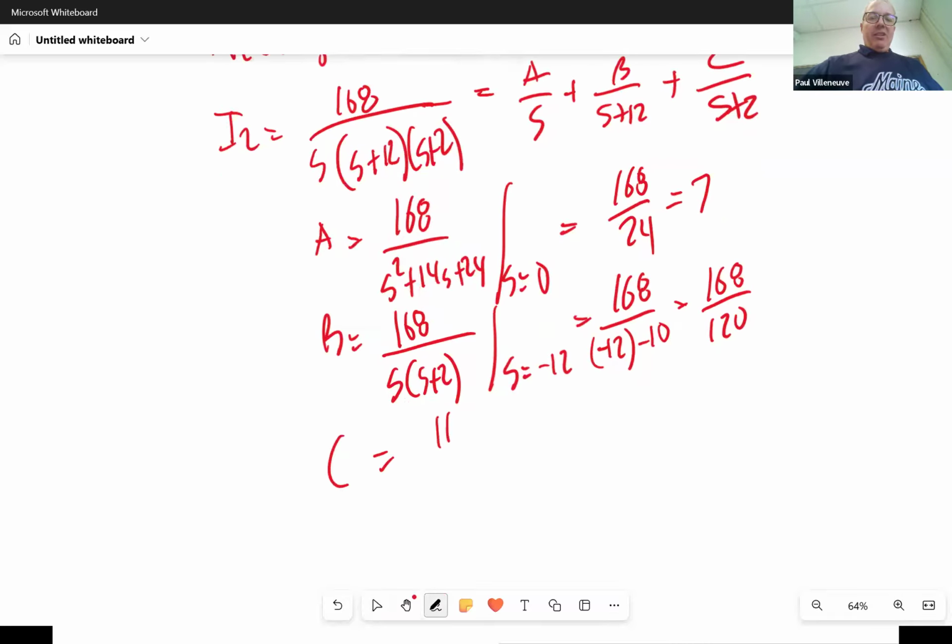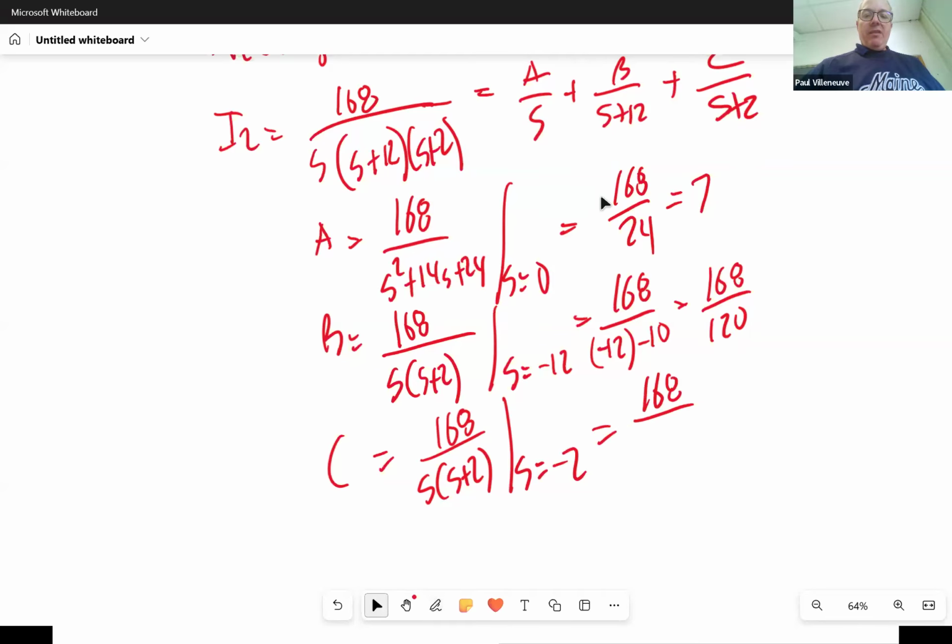And then lastly, C is 168 over S times S plus 12, evaluated at S equals negative 2. 168 over, not negative 2, 12. There we go. So that becomes negative 2 times positive 10. 168 over 20.